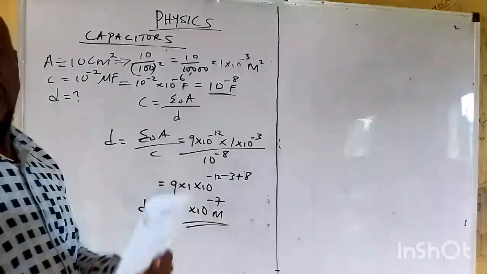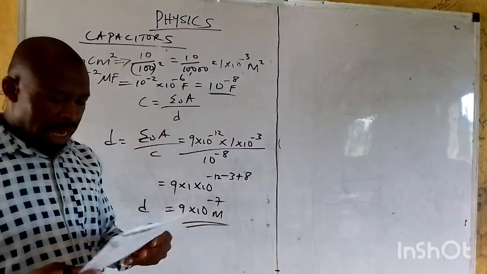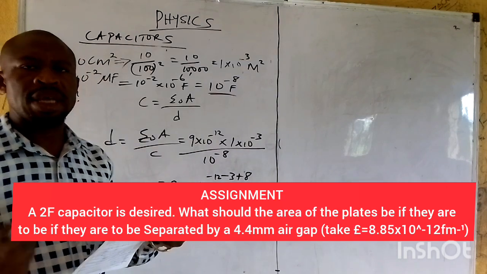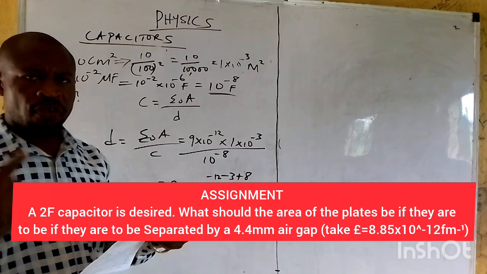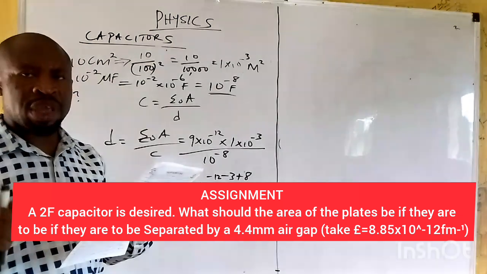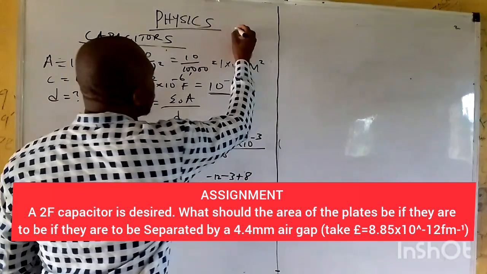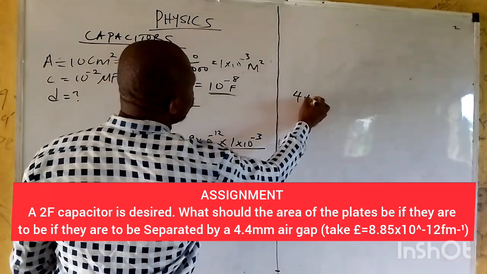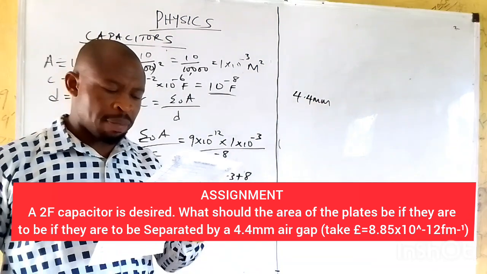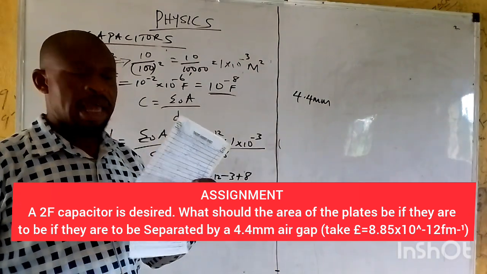Now, we take this one. Maybe I will drop this one. Please drop the answer in the comment section. And this one says, a 2 farad capacitor is desired. What should the area of the plates be if they are to be separated by a 4.4 millimeter air gap?